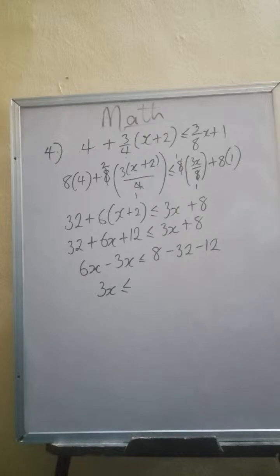Okay, so sort it out. 8 minus 44. Or you could say 8 minus 32 minus 12. Just pick up your calculator and tap. And tell us what you've got.